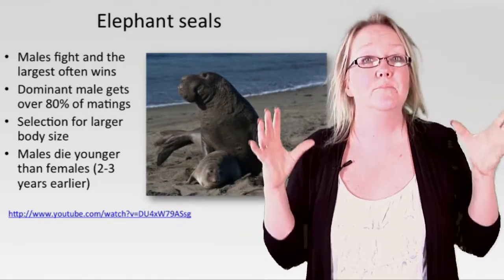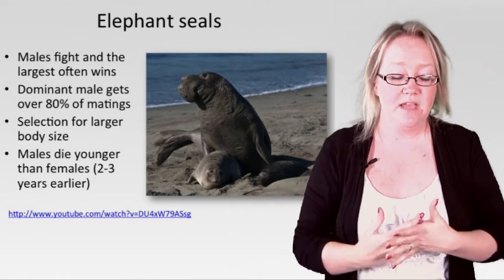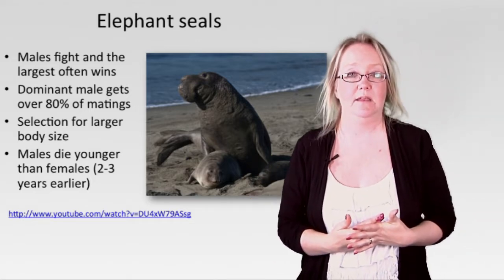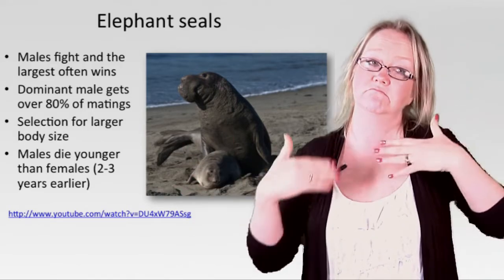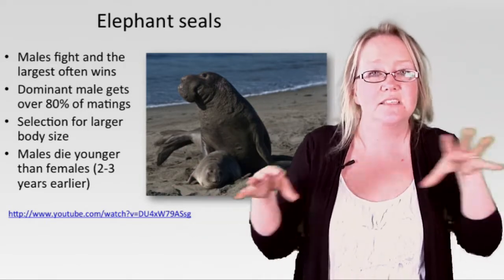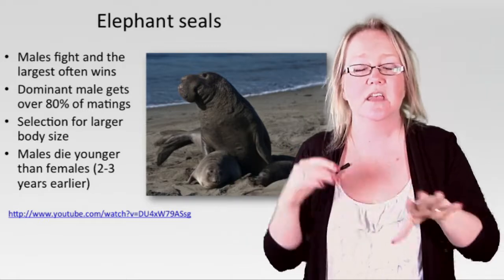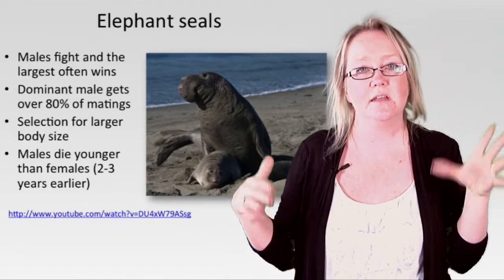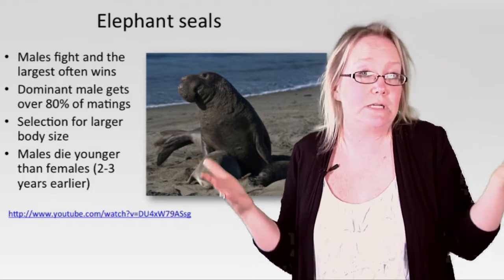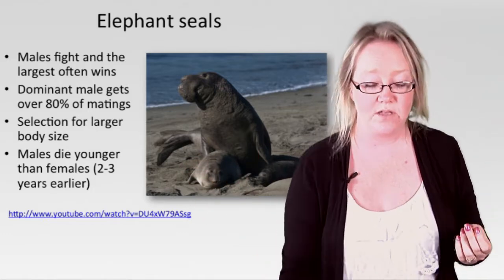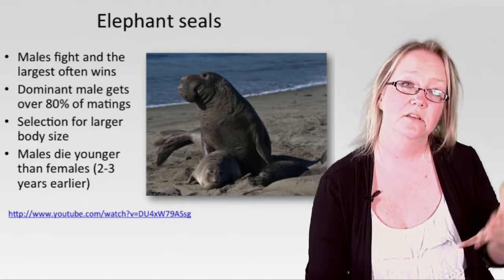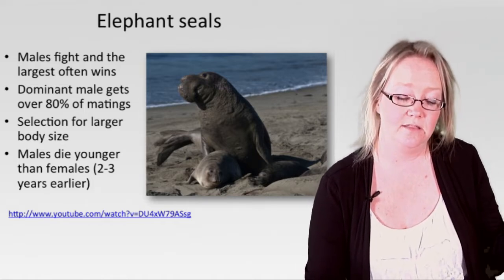Not always, but often. Dominant males get over 80% of the matings. So you can see it's not 100%. There are subordinate males that are kind of sneaking in maybe some places, catching matings where they can, not winning competitions, but still getting some of their genes into the next generation. But generally, the largest males are the ones that are getting the matings and therefore getting their genes.